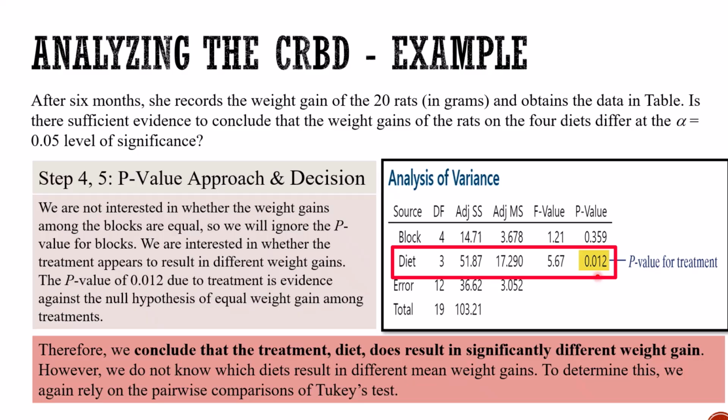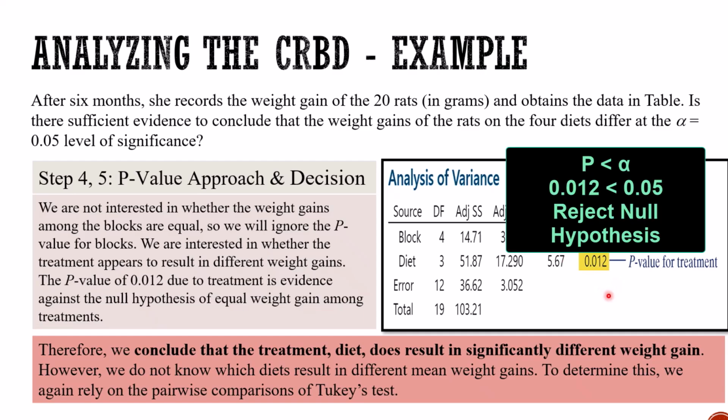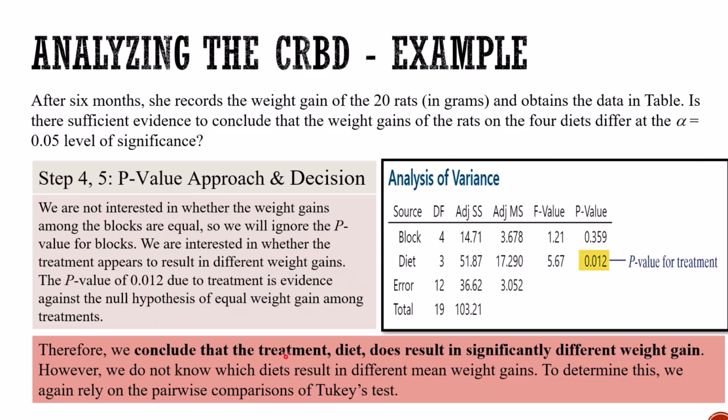So the p-value of 0.012 due to treatment is evidence against the null hypothesis of equal weight gain among treatments, correct? 0.012 is less than the alpha value of 0.05, and therefore we reject the null hypothesis, which was asserting that all four means are equal.